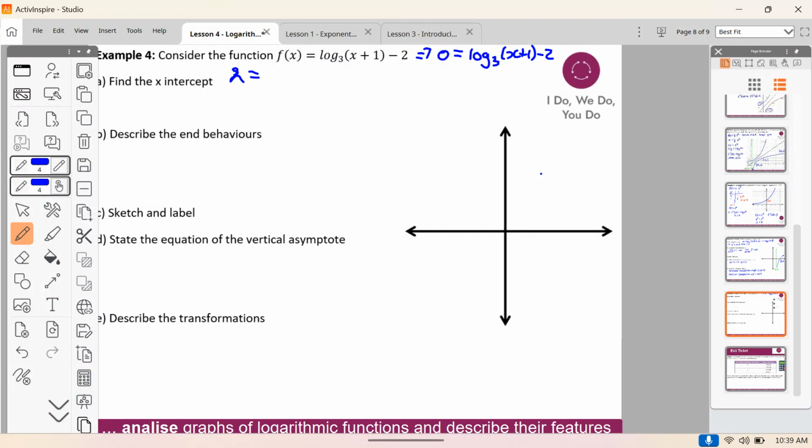So 2 is equal to log base 3 of (x plus 1), rearranged to exponential form, and we get 3 squared is equal to x plus 1. So 8 is equal to x.